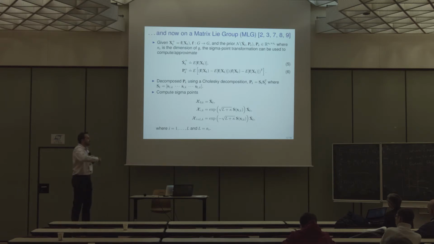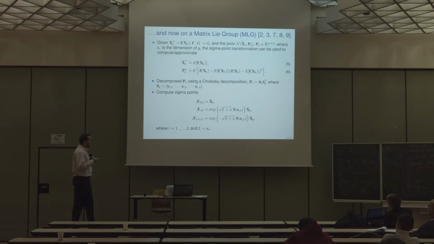So how do we do sigma point Kalman filtering, or just the sigma point transformation, on a matrix Lie group? Again, we're trying to approximate this integral, but to make things a little more complicated, our nonlinear function f is a function of x, an element of the group G, and f maps G to G. We're going to do what we did before: take our covariance P, do a Cholesky decomposition, and generate these columns.